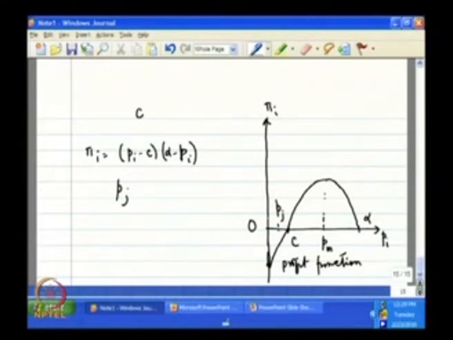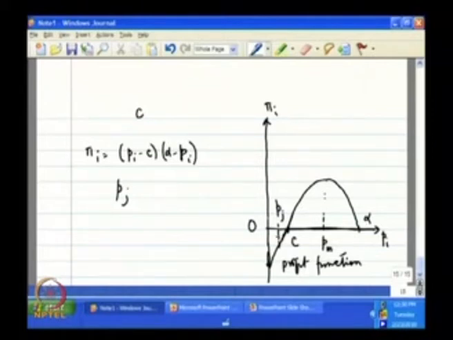Well, if the rival firm is charging a price Pj which is less than C, then this part of the curve, after Pj, is not relevant anymore, because if I charge a price greater than Pj, my profit is not given by this curve, but by this horizontal axis, because I am getting 0 profit.